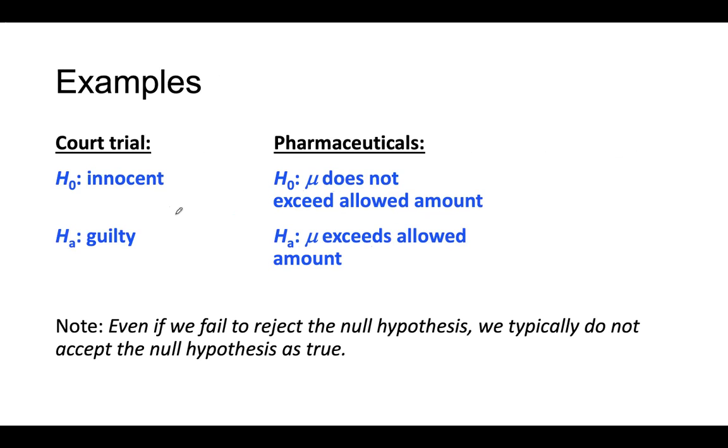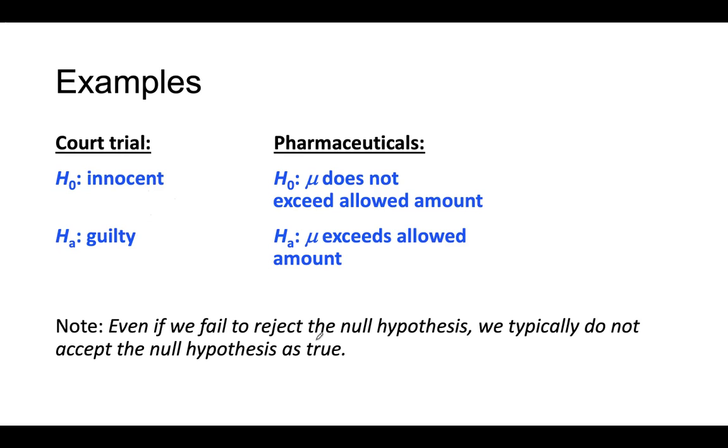In a courtroom trial, I always like to relate this to something straightforward. The null hypothesis is innocence. The alternative would be guilty. Beyond a reasonable doubt, you're looking for enough evidence that you would convict the person on trial, but you assume innocence.